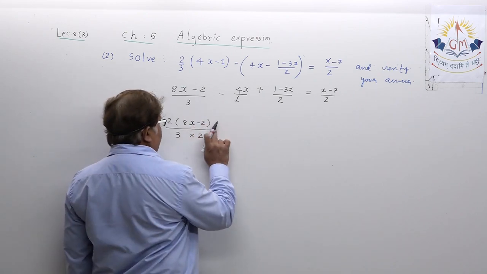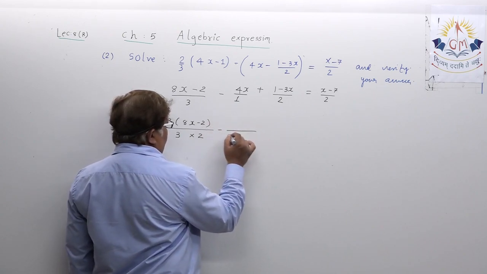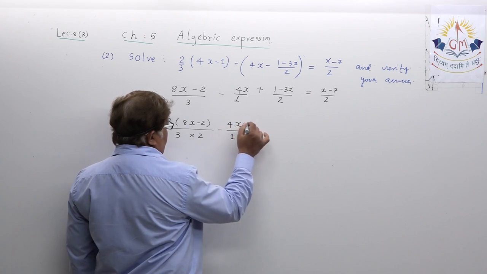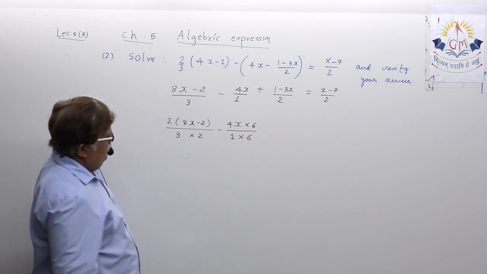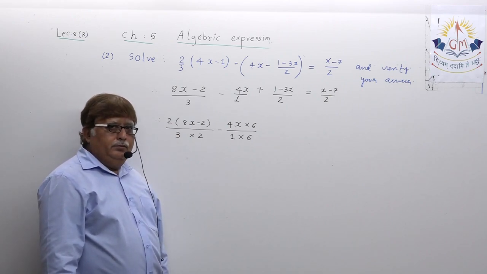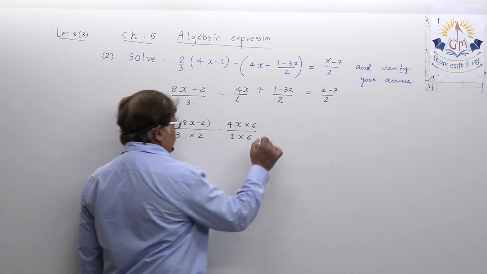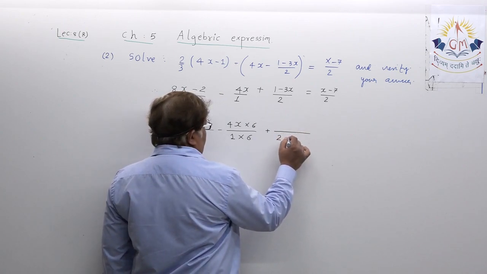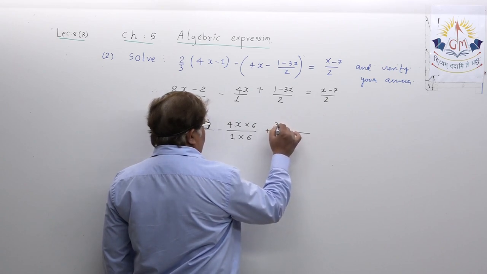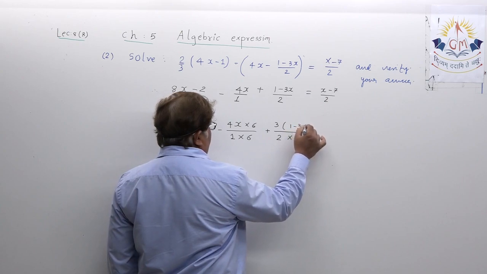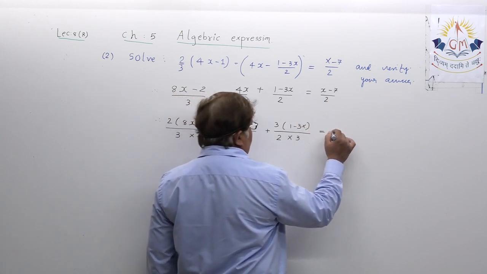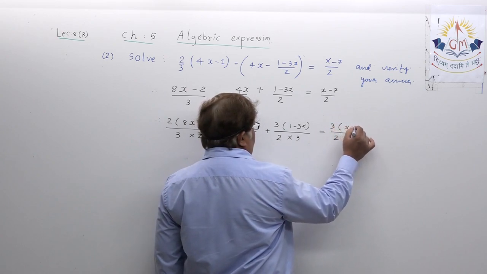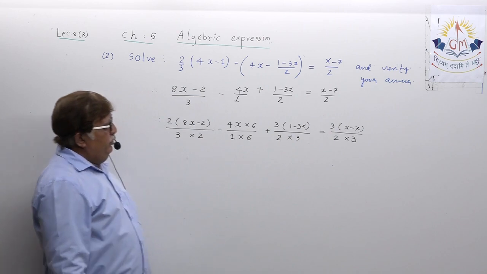Okay, minus 1 6s are 6, 4x into 6. Please check all the steps we are doing, plus here 2 3s are 6, so 3 will precede this linear polynomial equals to 2 3s are 6, so 3 will precede this linear polynomial.